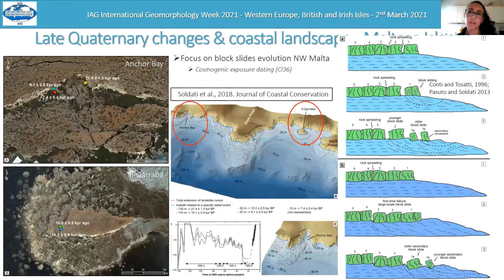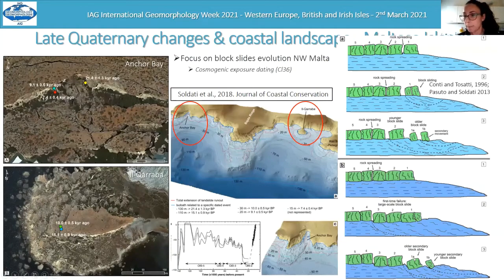The first one refers to the classical lateral spreading block sliding model, while the second one proposes a first large-scale detachment occurred when the sea level was much lower than the present, and in much wetter climatic conditions, or maybe also an aquifer was hosted in the limestone plateau.